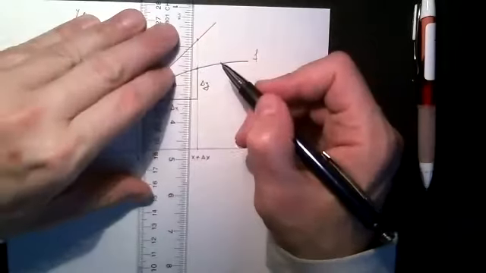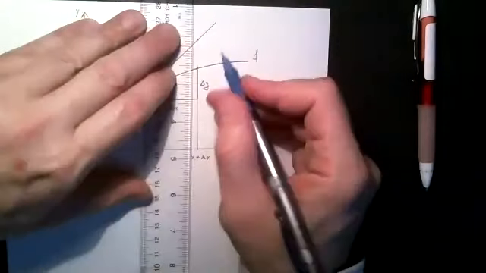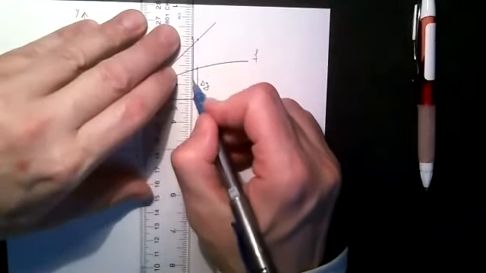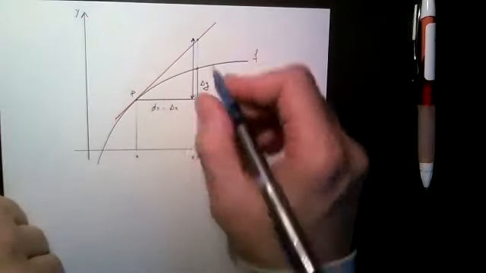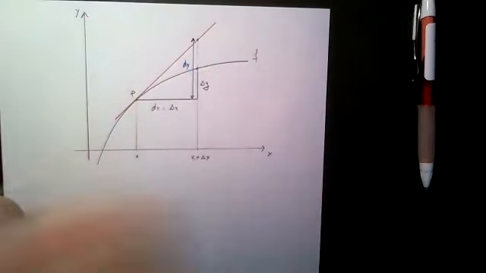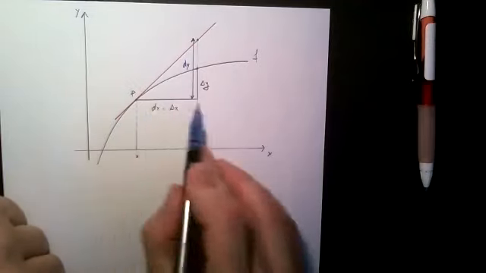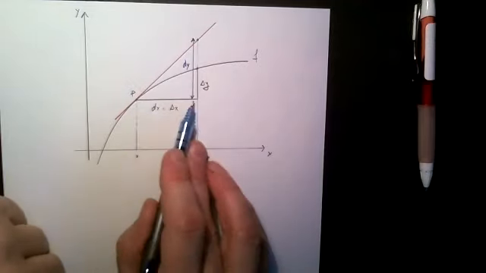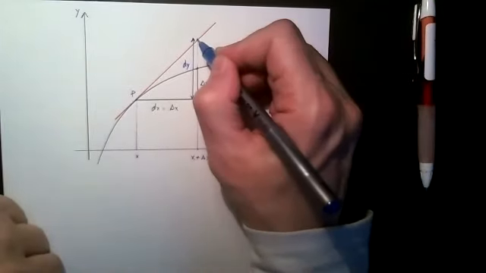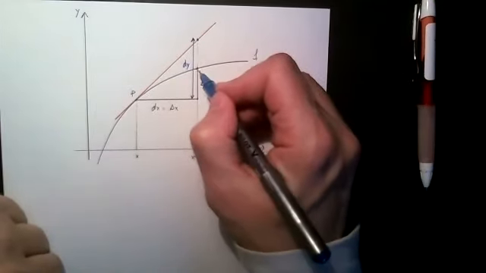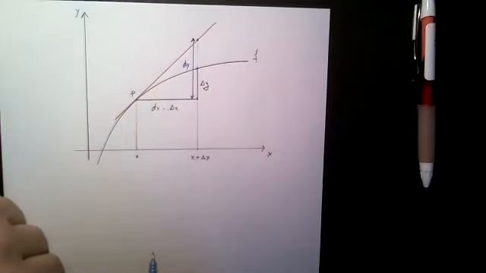So this here is what we call dy. When I increase by dx on the x-axis, by how much does my tangent increase? So this is a good approximation of delta y. Do you understand?